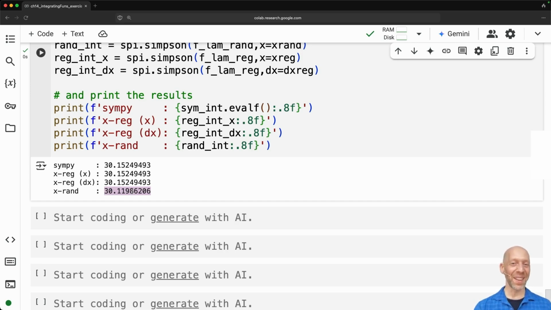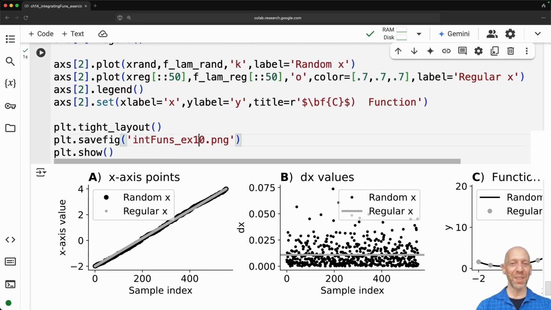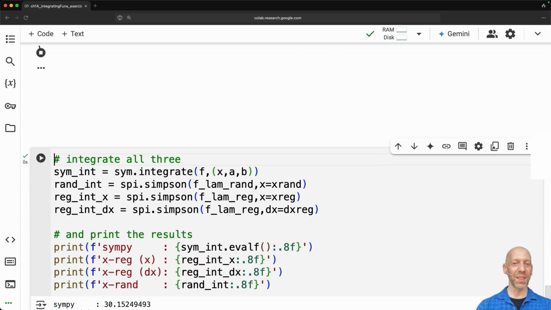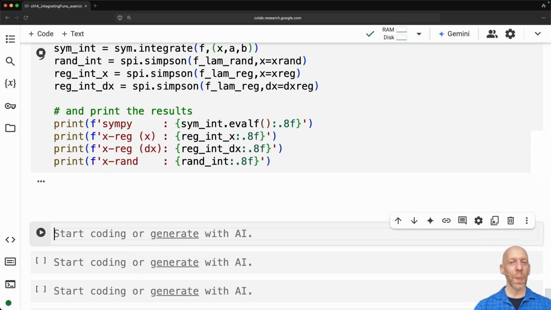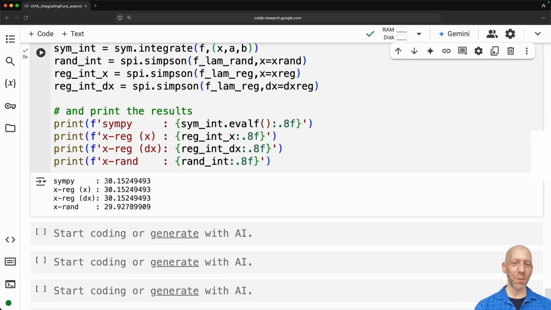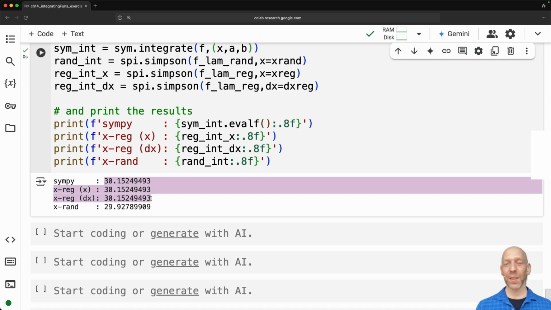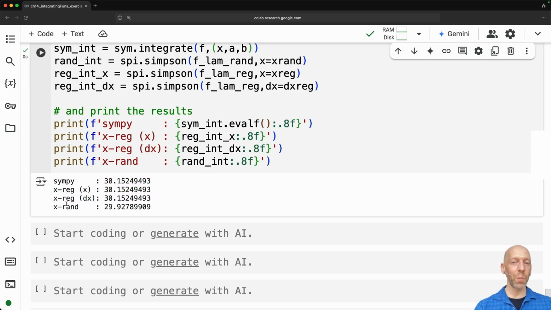You saw yourself, we randomly generate these values each time I rerun this code. So now I'm running it again, and you can see again, these three results match because spi.simpson is a very accurate approximation. But when we irregularly sample, we risk getting a reduced approximation accuracy.